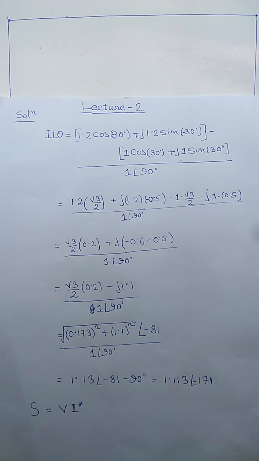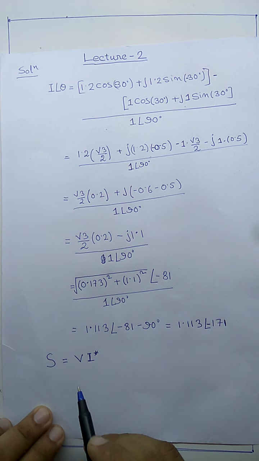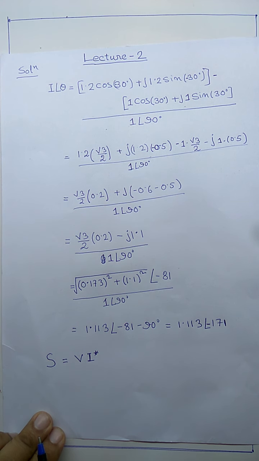Now how to find the power? In an AC circuit, apparent power is given by S is equal to V into I conjugate.